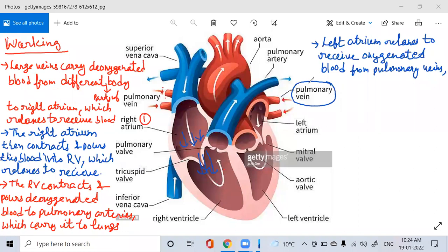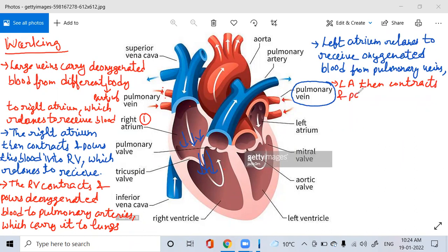They bring the blood from the lungs. Then after collecting, what will it start? Then I'm again writing the short form LA, left atrium, then it contracts, because now it has to send that oxygenated blood to the further parts.